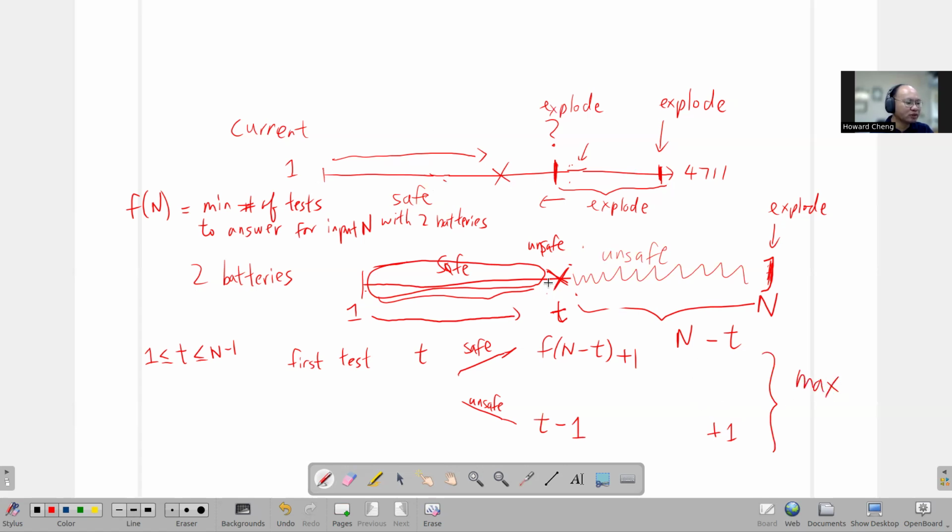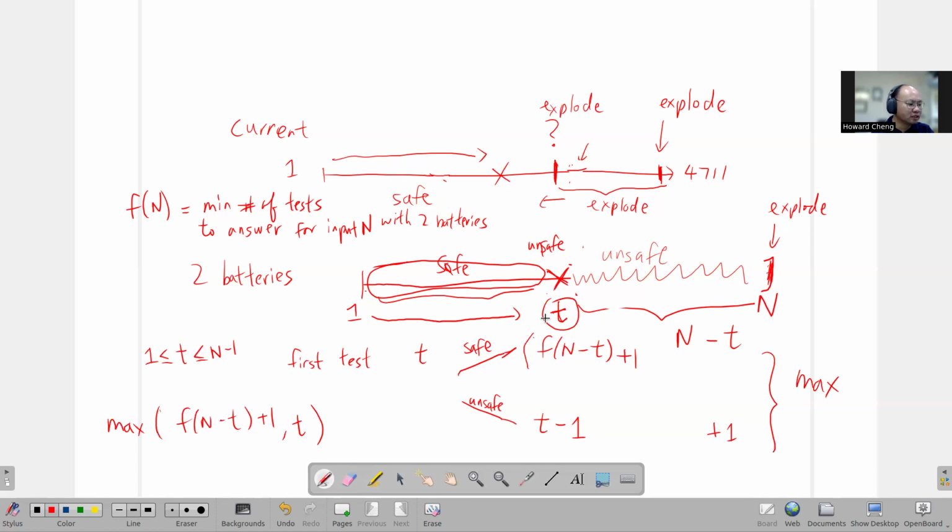So if I decide to fix a particular t as my first test, then the number of tests I need to guarantee that I will find the answer no matter where the answer is, is the maximum of these 2 things. Maximum of f of n minus t plus 1 and t minus 1 plus 1, which is just t.